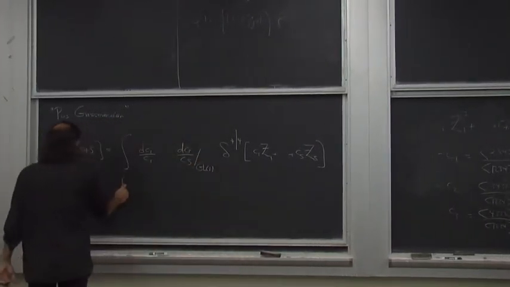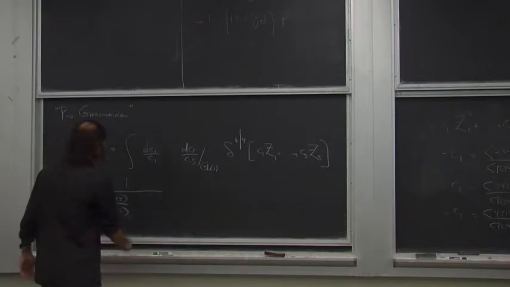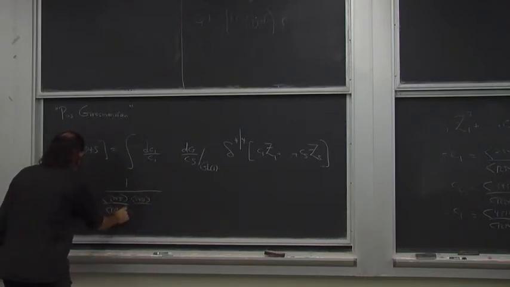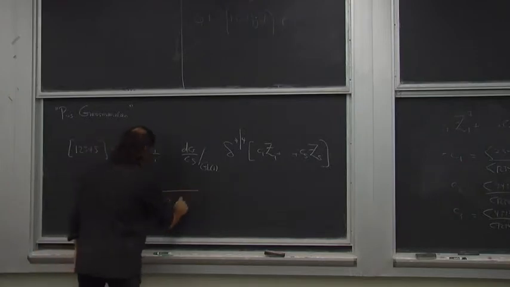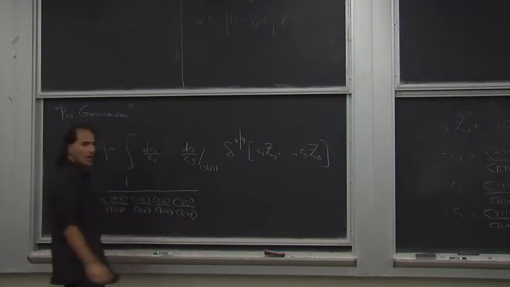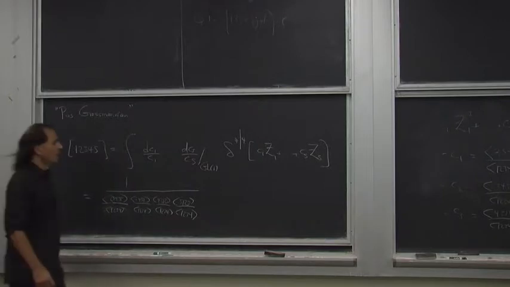So we're going to have 1 over <2345> over <1234>, then <3451> over <1234>, then <4512> over <1234>, and then <5123> over <1234>. I won't worry about the minus signs; there are 4 of them, so they cancel. So that's the 4 c's downstairs.